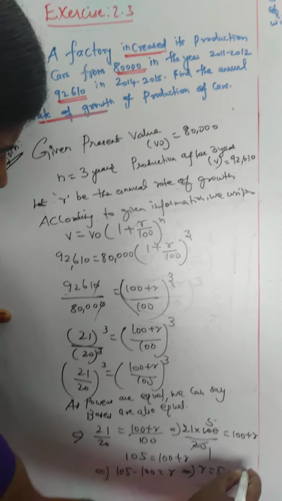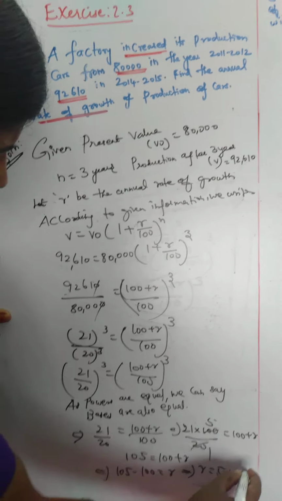And then value of machine after n years equal to rupees 3,64,500, right? R equals 10 percent.